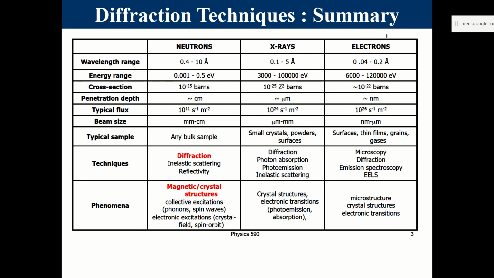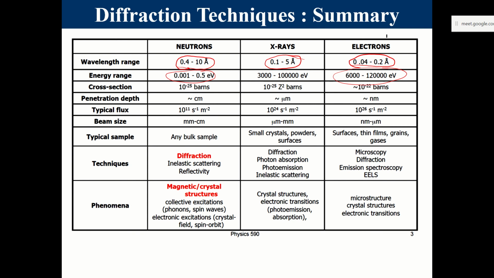There are also tabular comparisons for the wavelength range: 0.4 to 10 angstrom for neutrons, in X-rays 0.1 to 5 angstrom. For electrons you can get 0.04 to 0.2 angstrom. Energy ranges are in eV.